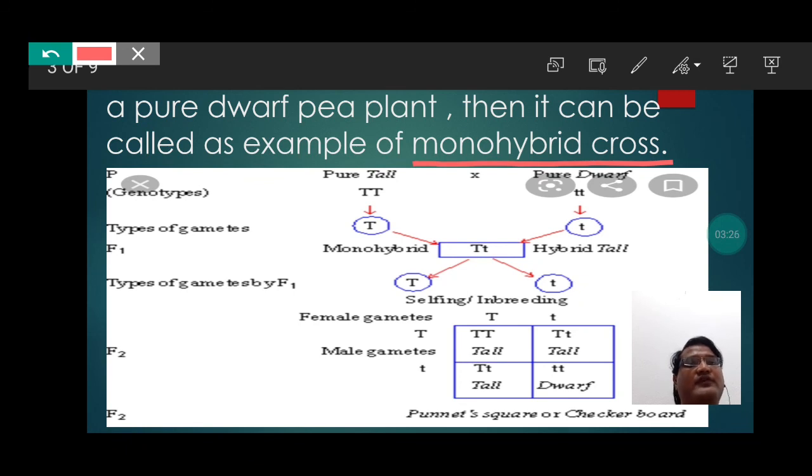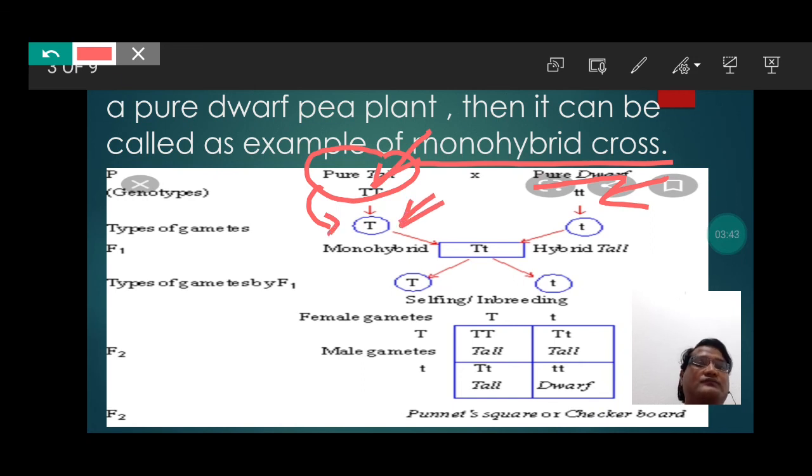Students, here you can notice that for pure tall, capital T has been used, and for pure dwarf, small t has been used. The pure tall pea plant produces the pollen grain, capital T, and the pure dwarf pea plant, which is the female pea plant producing the female flower, produces the small t egg.